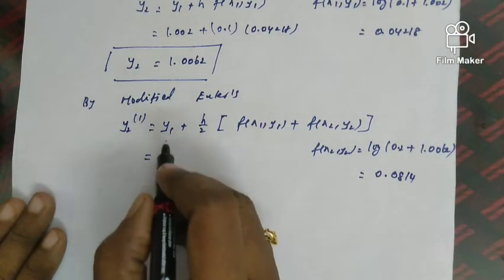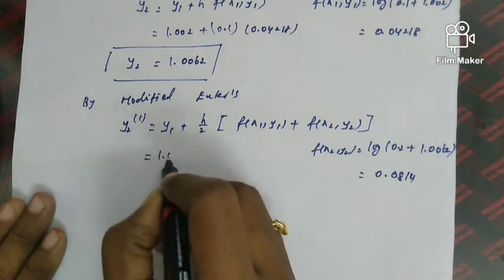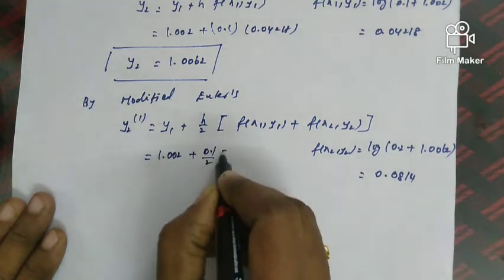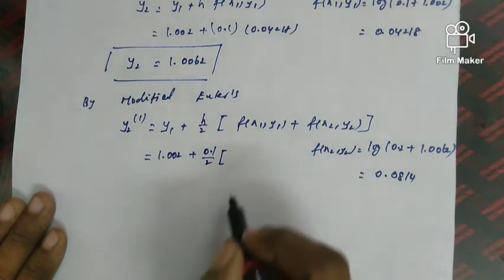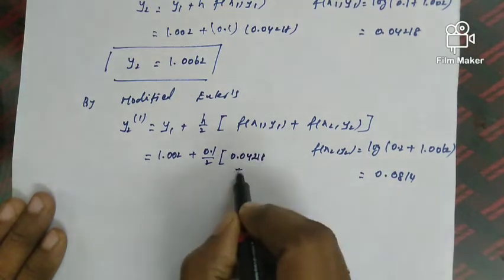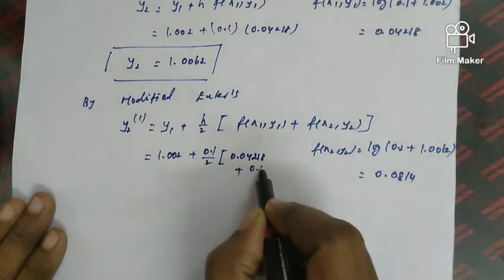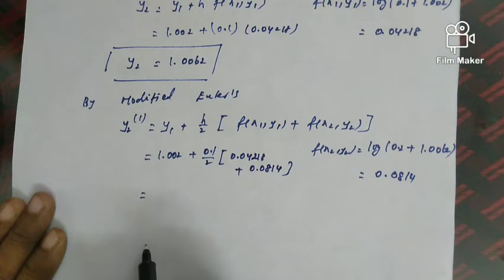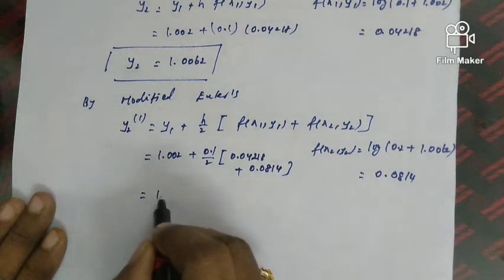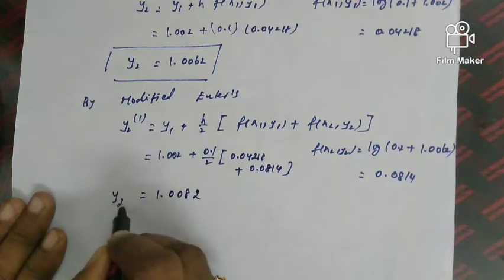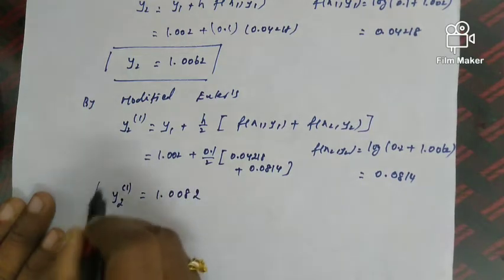Substituting, y1 is 1.002 plus h, 0.1, by 2 times f of x1, y1, 0.04218, plus f of x2, y2, 0.0814. Using a calculator, the first iteration value of y2 is 1.0082.